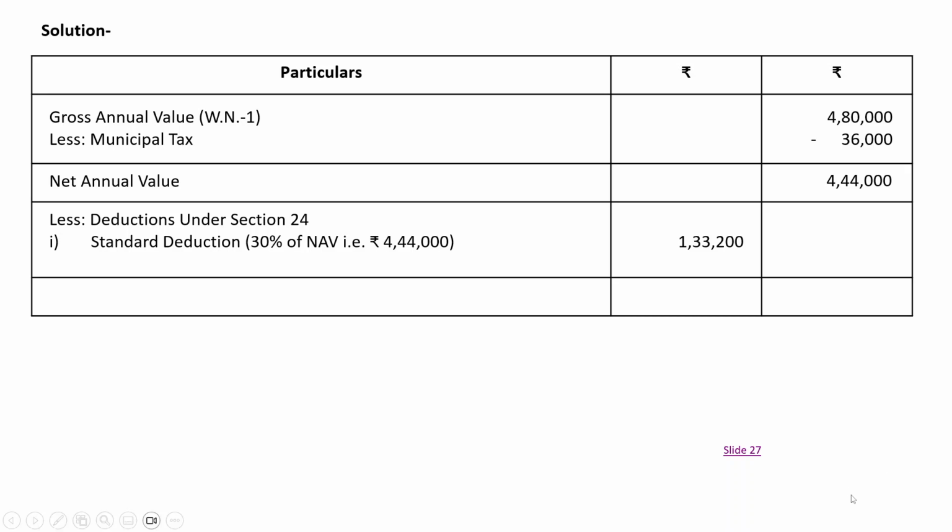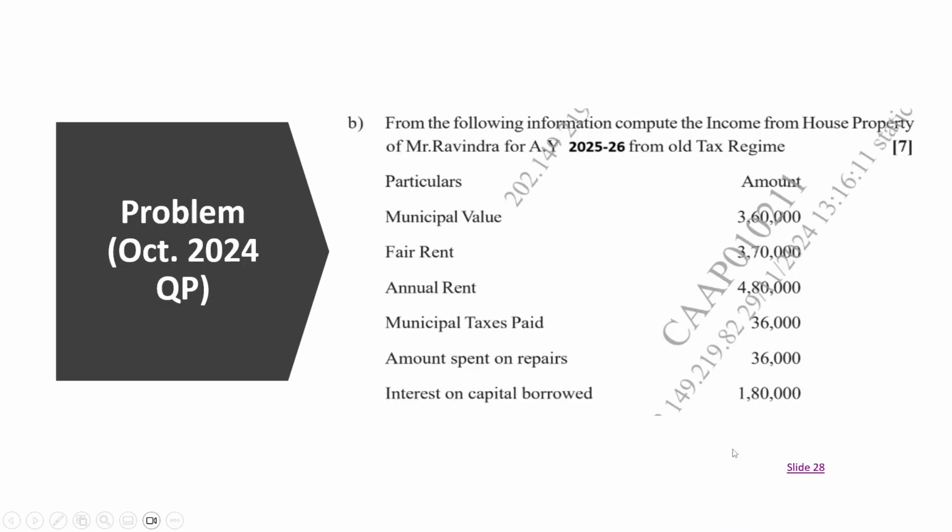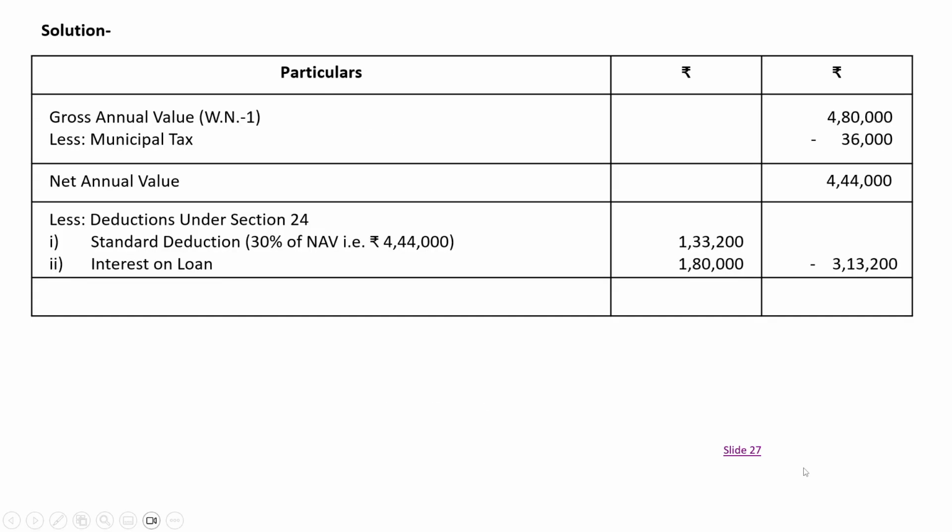And the second deduction here we have to deduct. What is that? That is the interest on loan. That is the interest on capital borrowed. How much is that? It is 1,80,000. And what is the rule regarding the let out house property for this deduction? The maximum amount will be 2 lakhs. Here it is already less than the maximum amount. So therefore the deductible amount is the whole amount of rupees 1,80,000.